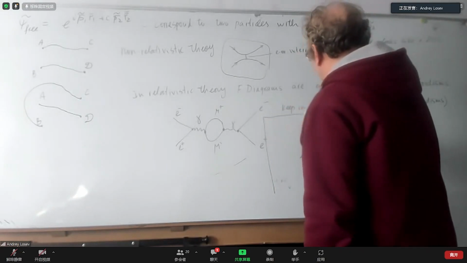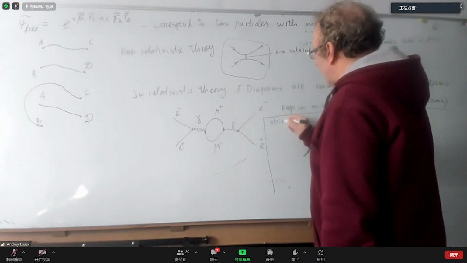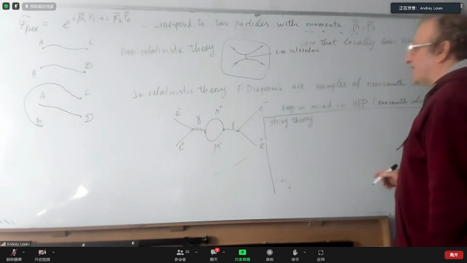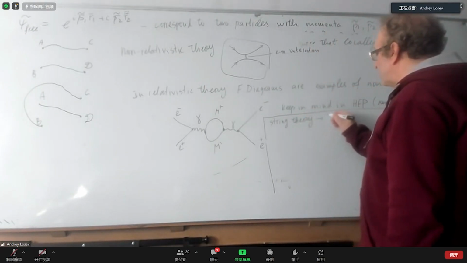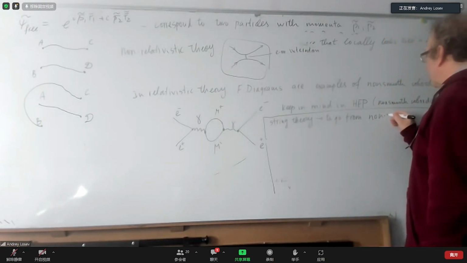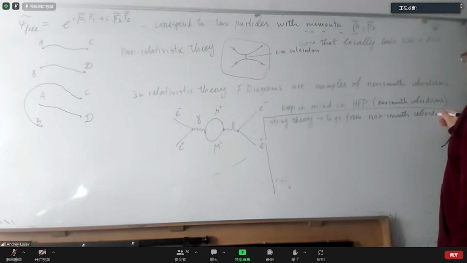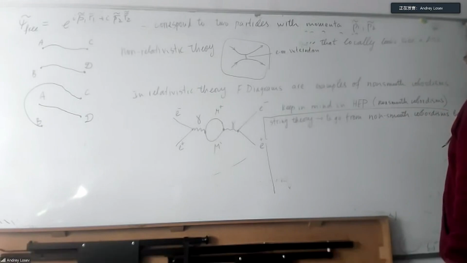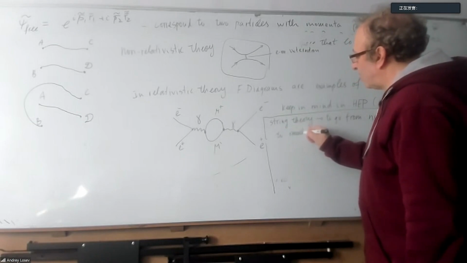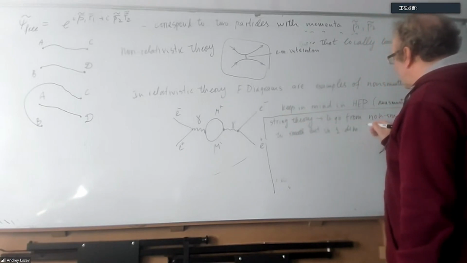Now we are coming to string theory. And actually, the passage to string theory is to go from non-smooth cobordism back to smooth cobordism, but in one dimension higher.